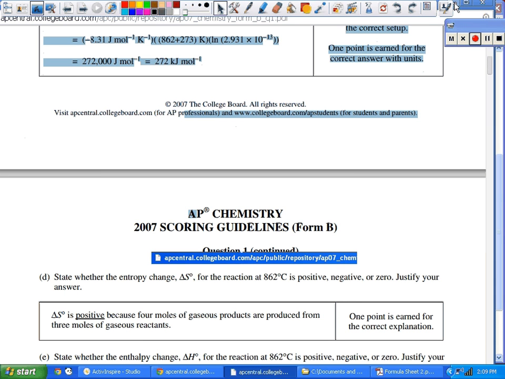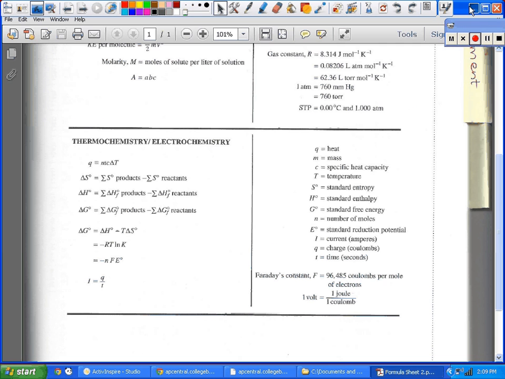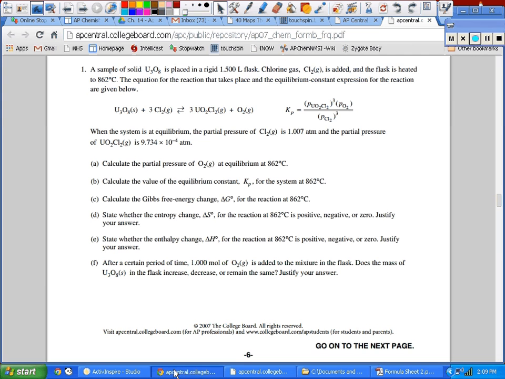I want you to see this view. State whether the enthalpy change, delta H, is positive, negative, or 0. Justify your answer. So far, we know that K is less than 1. We know that delta G is positive, and we know that delta S was positive.